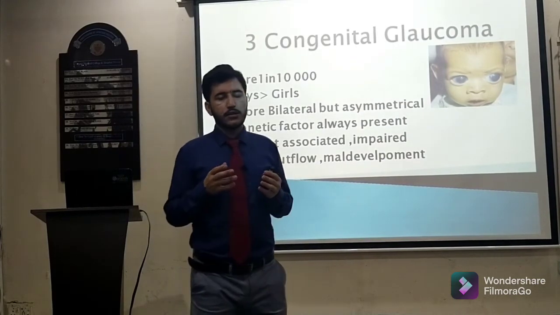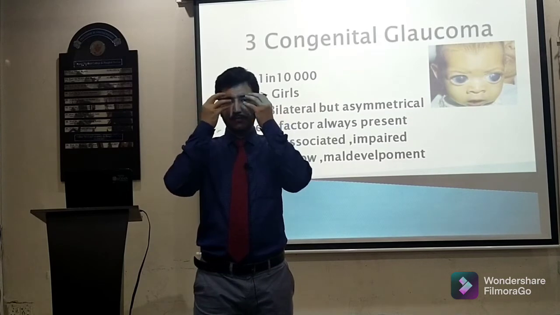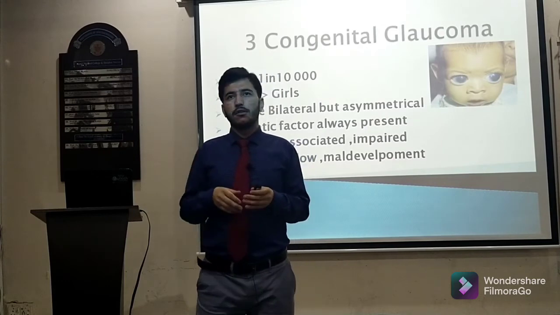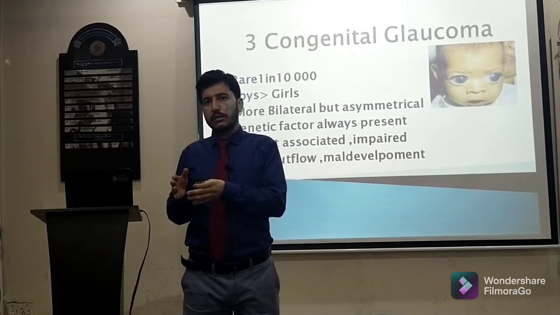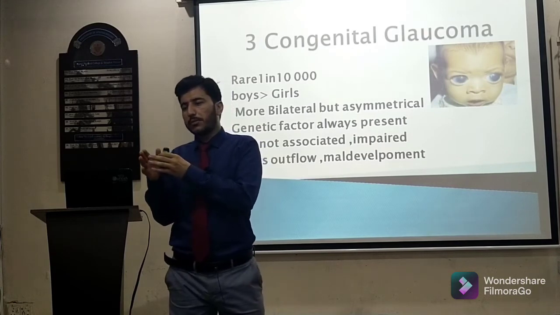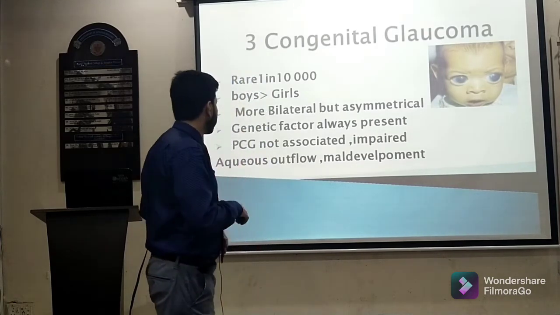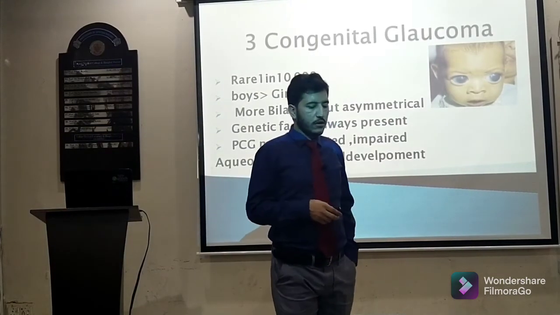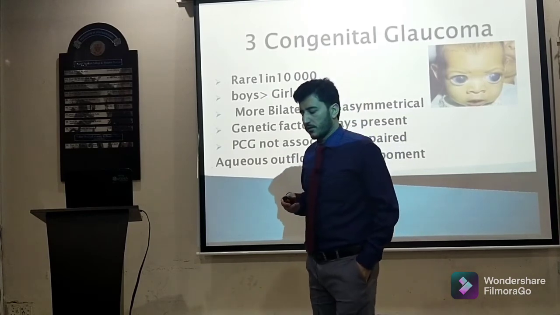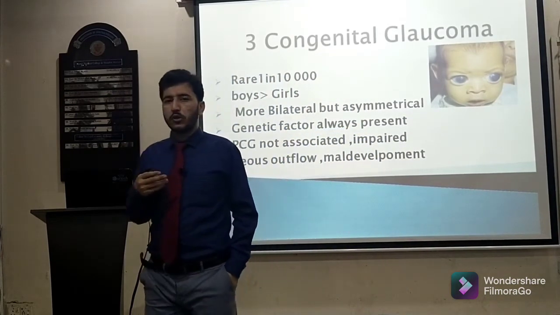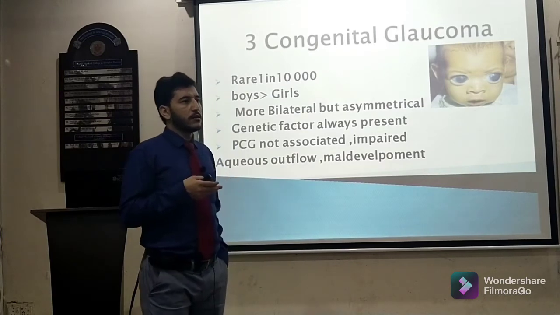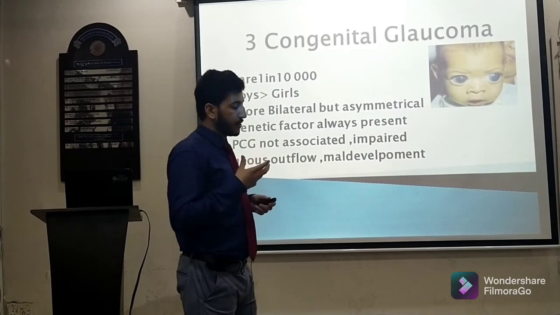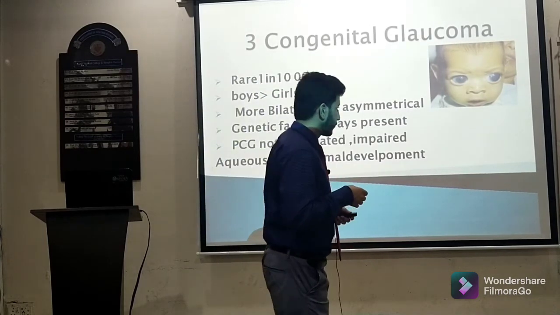Commonly, bilateral means that the patient will have glaucoma in both eyes, but asymmetrical means that the patient will have an IOP in one eye different from the other eye. A genetic factor is always present in congenital glaucoma because the patient will have some mutation in the eye, and there will be maldevelopment of the eye, maldevelopment of the aqueous drainage systems.